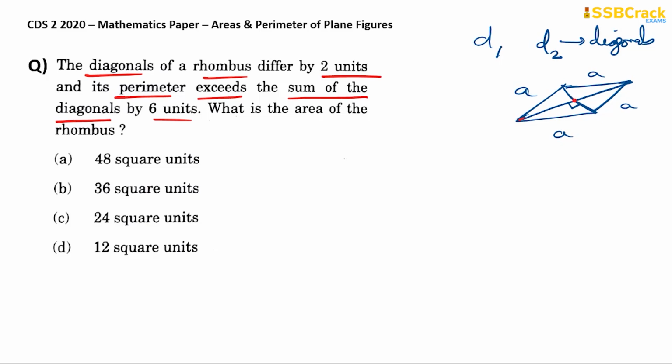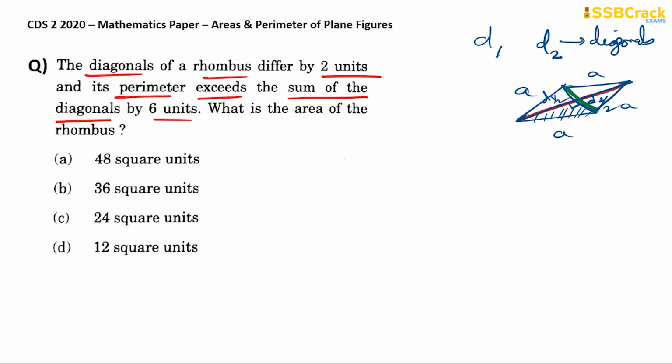So if I say D1 total length, its bisection part will be D1 by 2, D1 by 2. And the second one, if I say D2, their half parts will be D2 by 2, D2 by 2. So you could see that there are 4 right triangles within a rhombus, and the side is related to the diagonals.